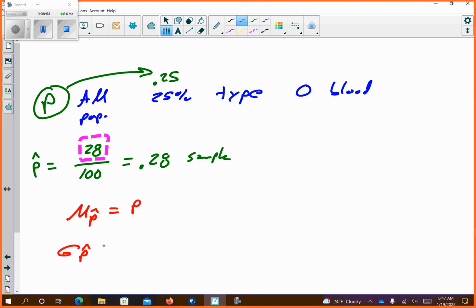And then our standard deviation that's going to change is this. We're going to go the square root of p times 1 minus p, over n. And n is just the number of people that we sampled.